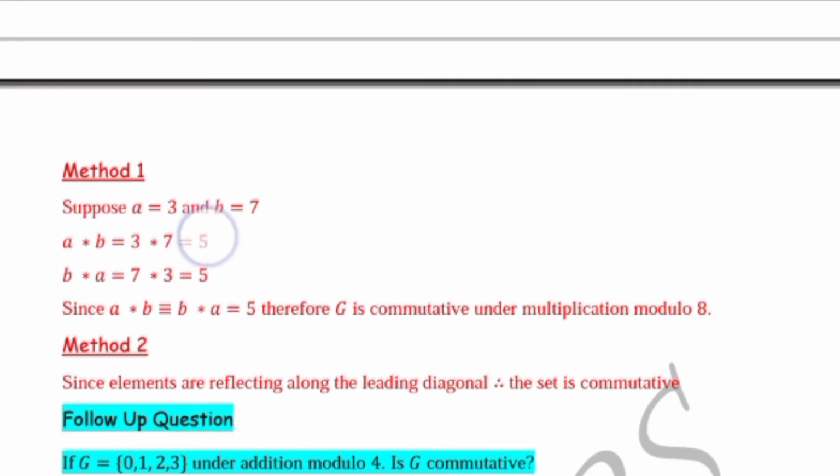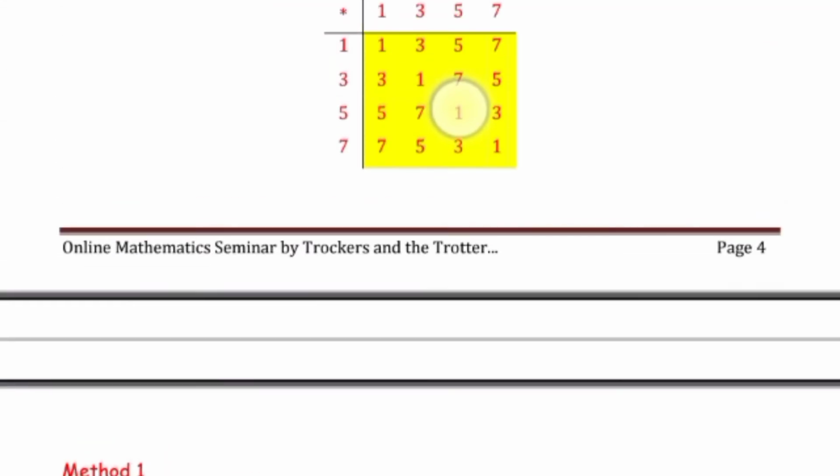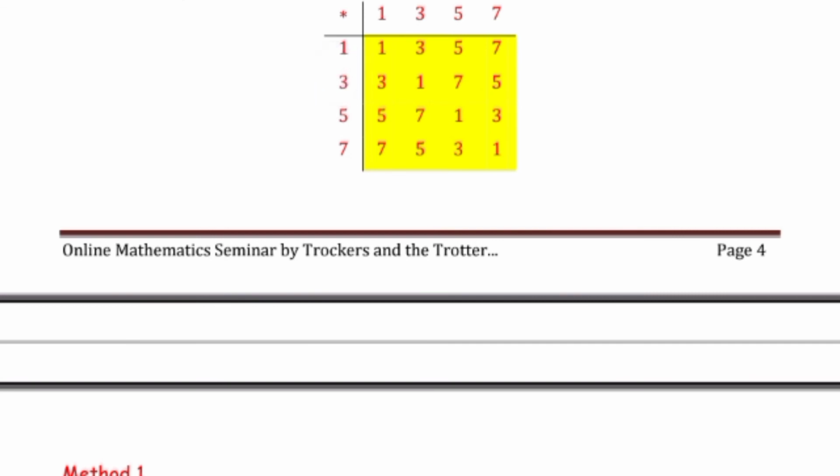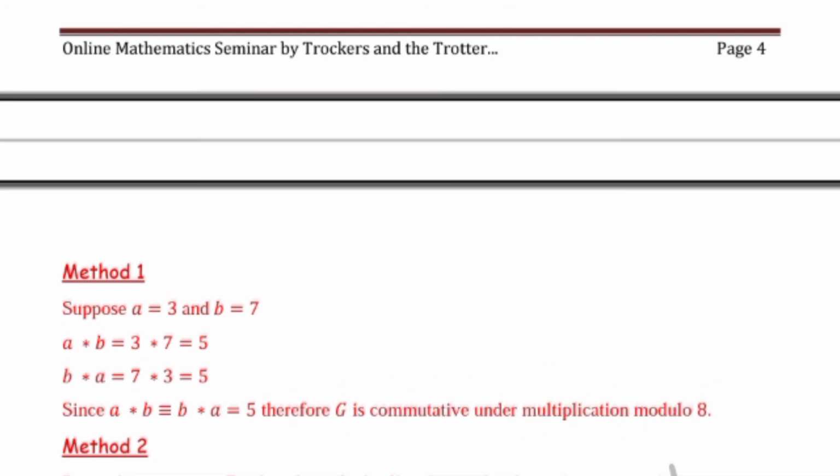These answers we have calculated already in the Cayley table. For example, 3 star 7 is 5 right here, and 7 star 3 is 5 right here as well. So we were just taking our answers from the Cayley table. Therefore, since A star B is identical to B star A, which is equal to 5, G is commutative under multiplication modulo 8.